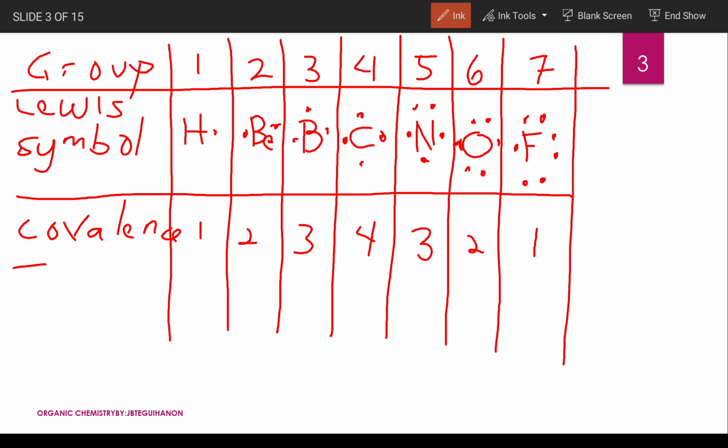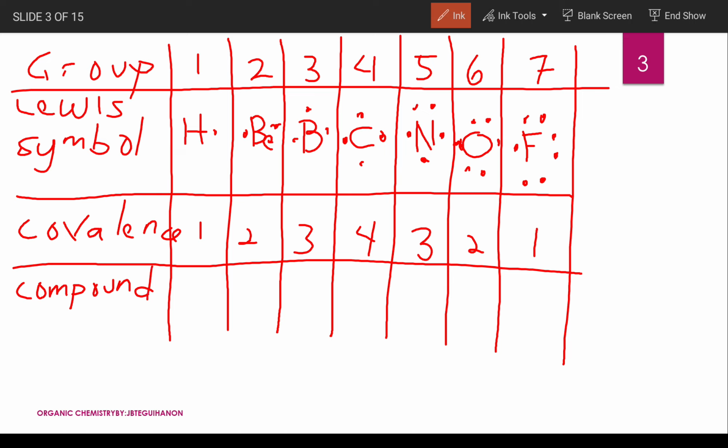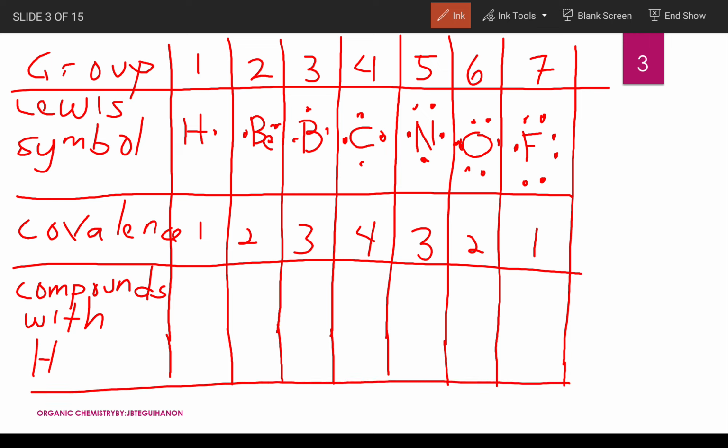And then you're going to have compounds with H. It's going to be like this.